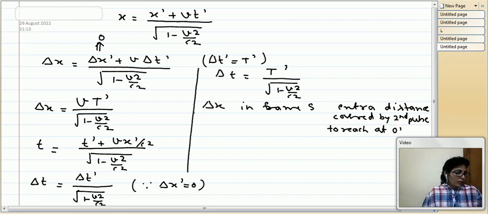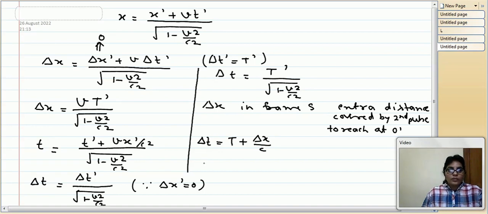So what will be our equation? Our equation will be that delta t is equal to capital T, the original time period, plus the time for the extra distance, which is delta x by c. So delta t, the total time interval in the S frame, will be the time period T plus the time taken to cover the extra distance, delta x by c.